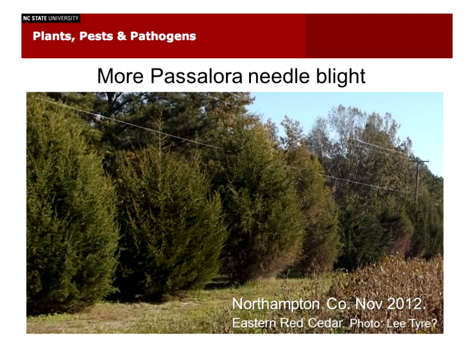Here is a typical case. This is on eastern red cedar, actually, from a couple of years ago, late in the year, in Northampton County. And you can see how it's working from the lower portions upward, and typically from the inside of the tree outward.